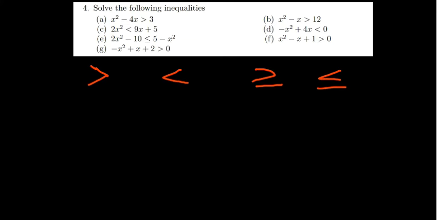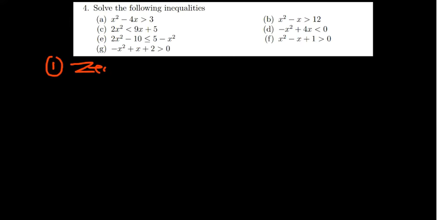That's very important. So the first thing I would want you to know is whenever you're dealing with quadratic inequalities, each time you want to solve them, make sure you find the zeros of that equation.